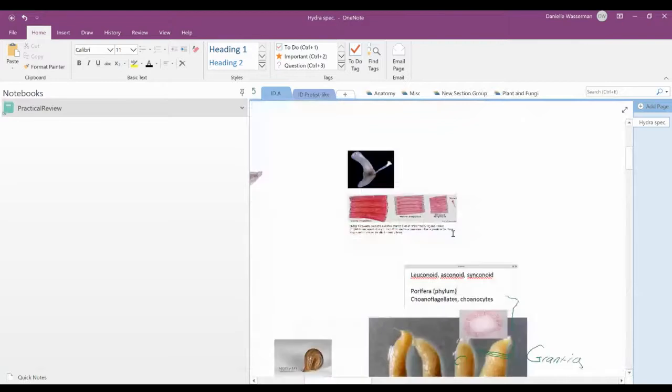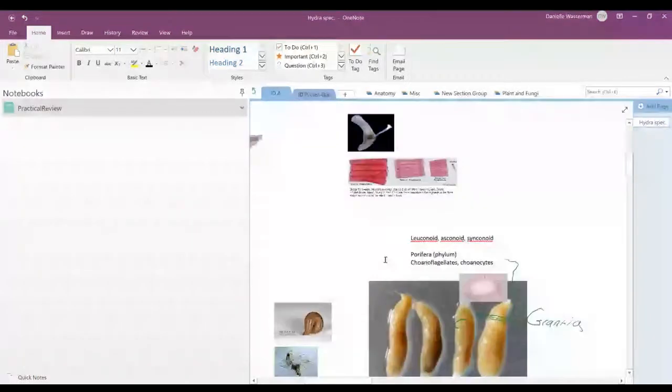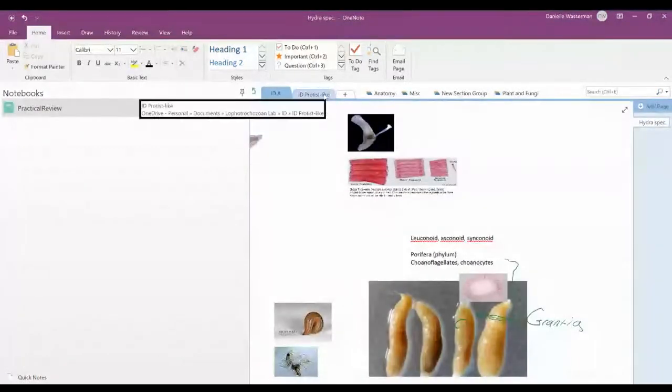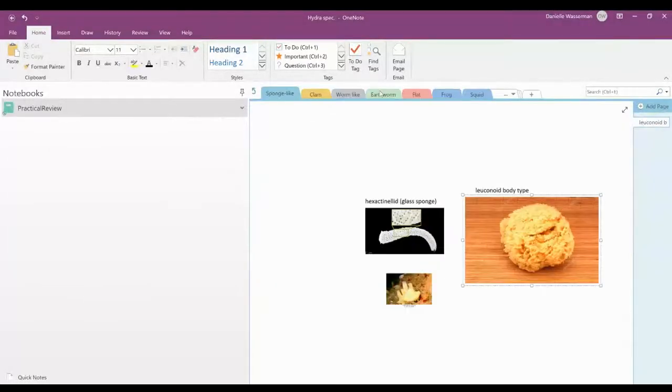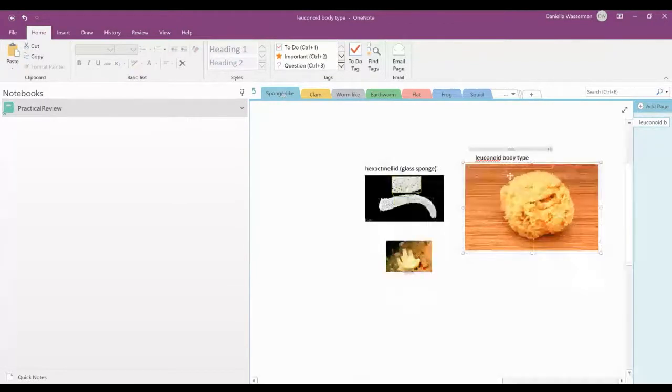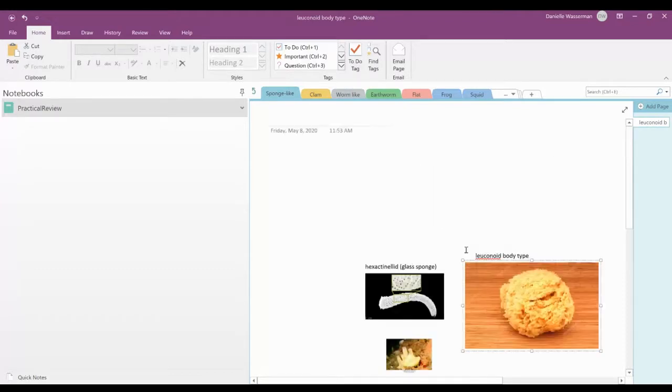But these are some vocabulary words that are good to know. So this is a leuconoid body type, and we just saw an asconoid.